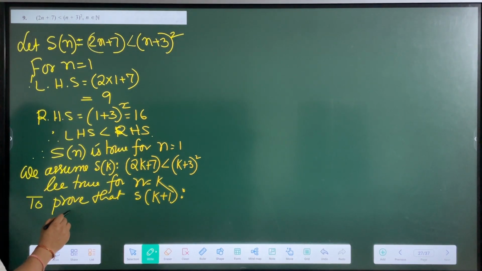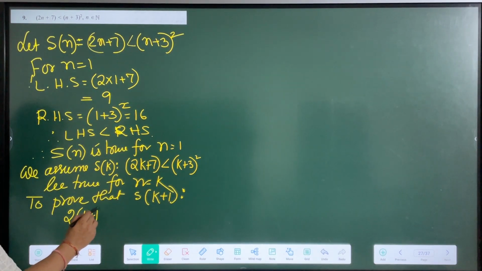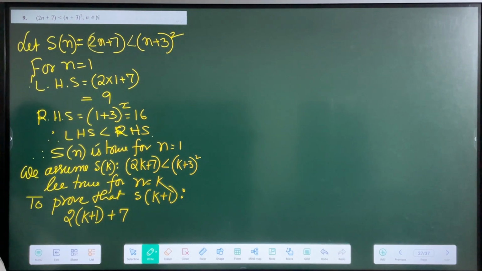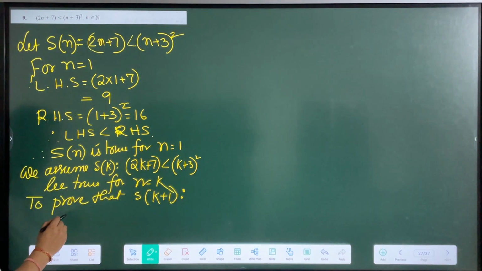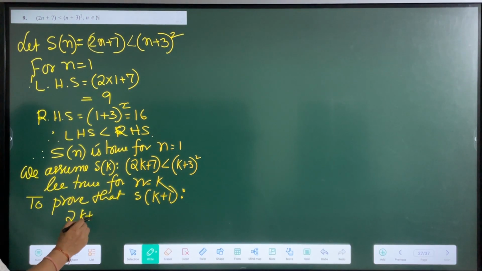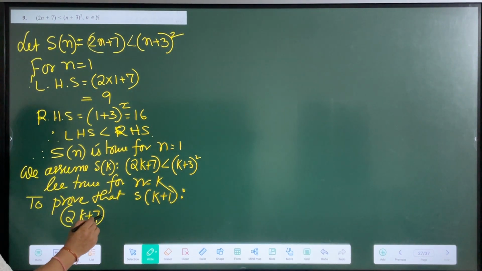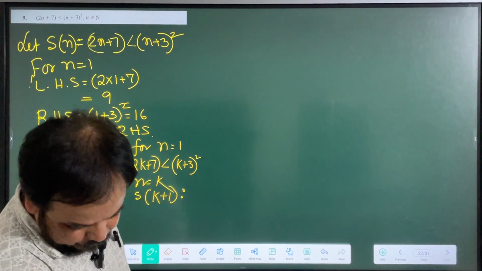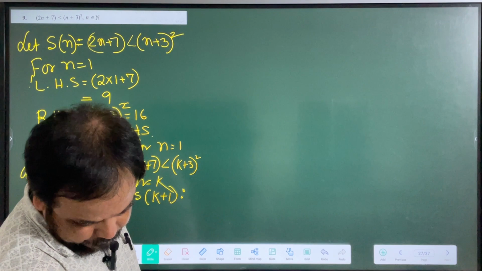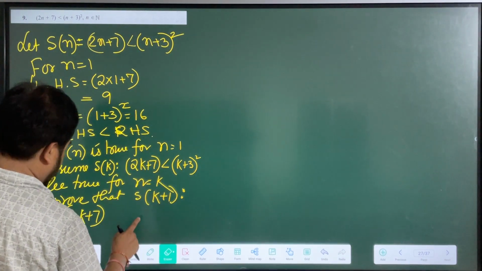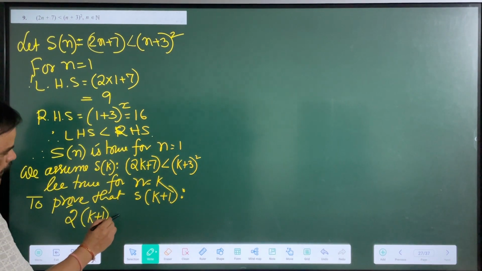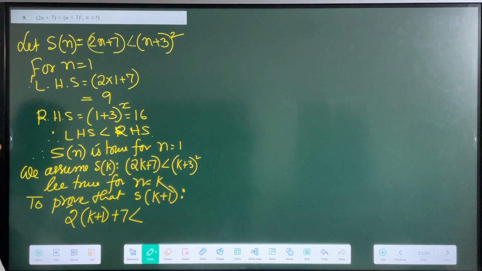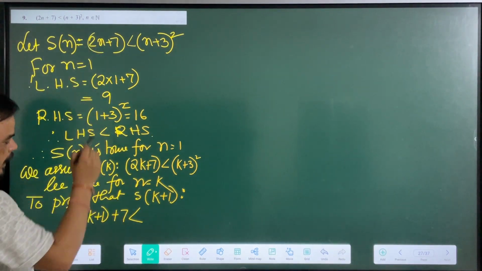So same thing, 2 into k plus 1 plus 7 smaller than, in place of n now k plus 1.